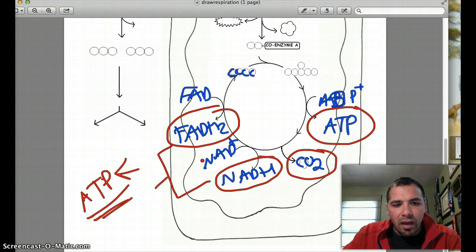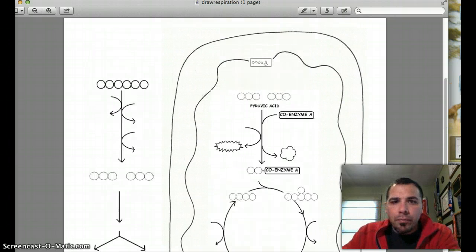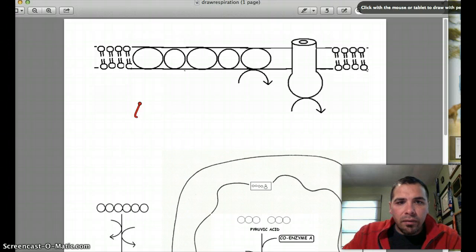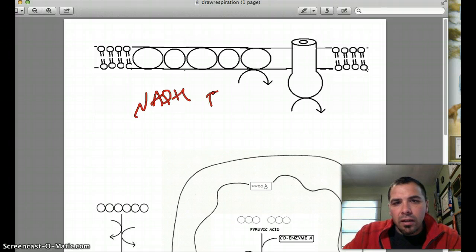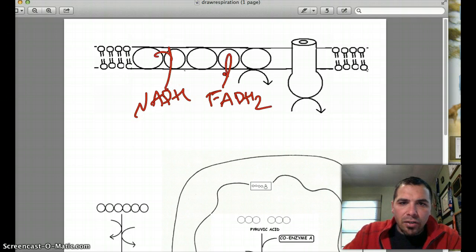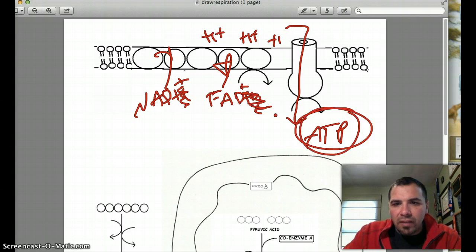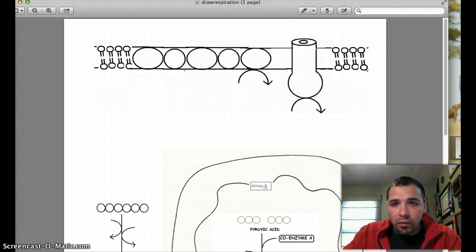If we go back up to the top, where I labeled the carrier molecules, we have NADH and FADH2. They're dropping off their hydrogens, H plus, and these become NAD and FAD. They're producing the most ATP, and that's the whole point.